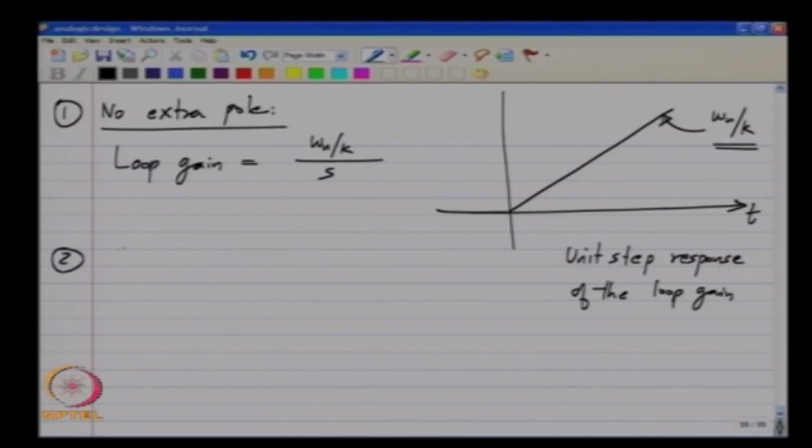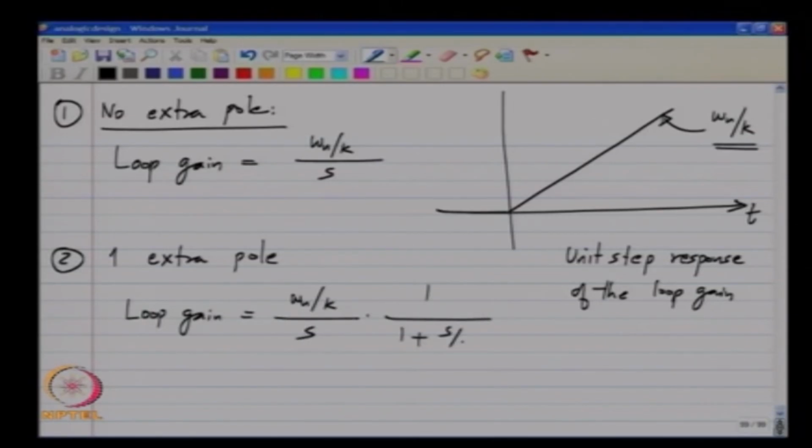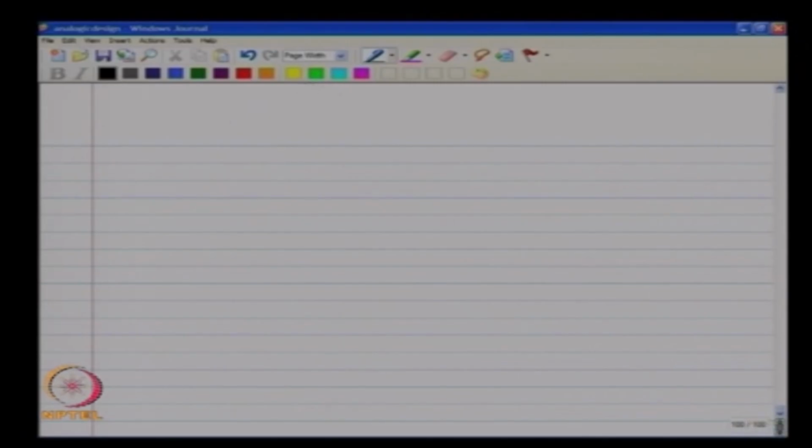Now, let us say we have one extra pole, then the loop gain will be omega u by k divided by s times 1 by 1 plus s by p 2. Okay. Now, to study the step response of this, we can expand this in a partial fraction. We can expand the loop gain in the partial fraction form.